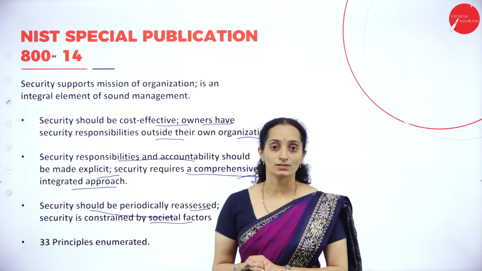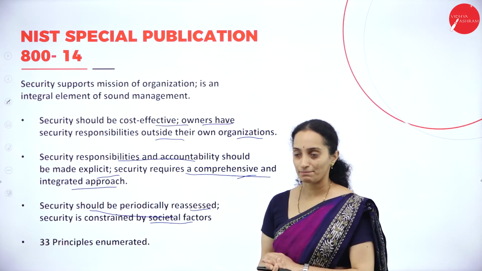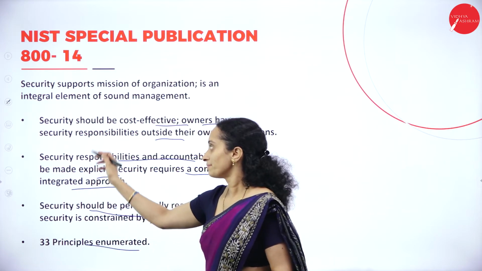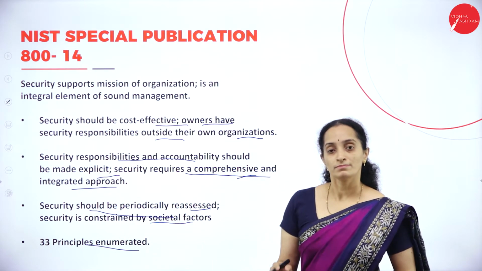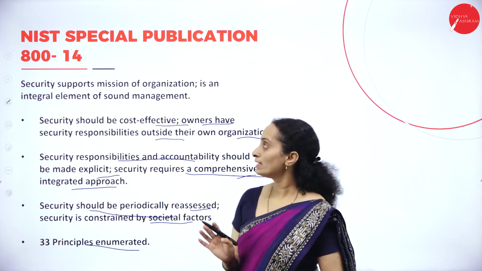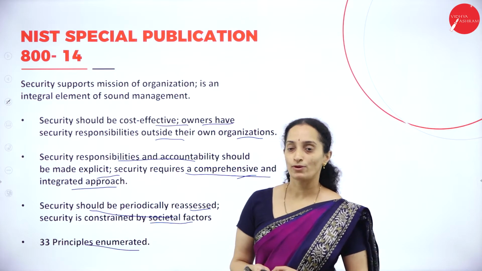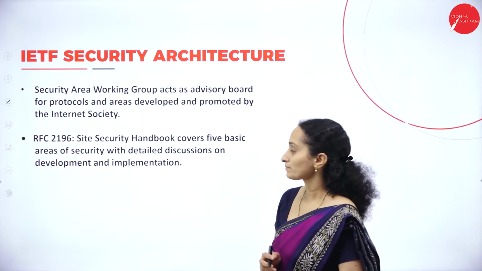It must consider the social factors for securing the data. Along with these main principles, 33 other minor principles are also pointed out in the NIST policy, Security Policy SP 800-14.